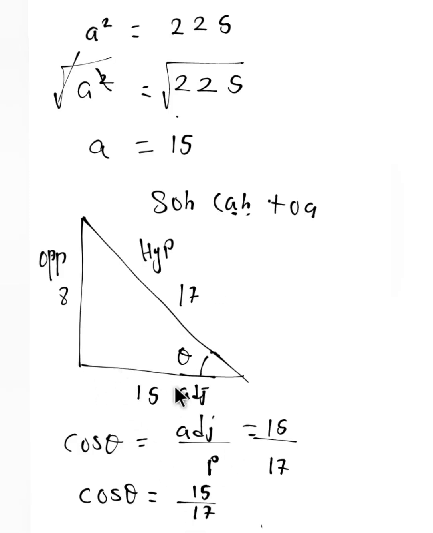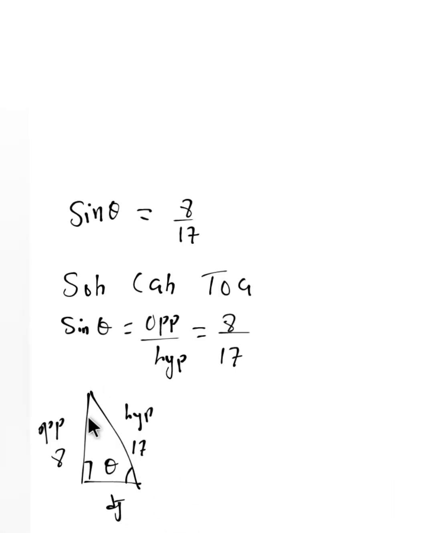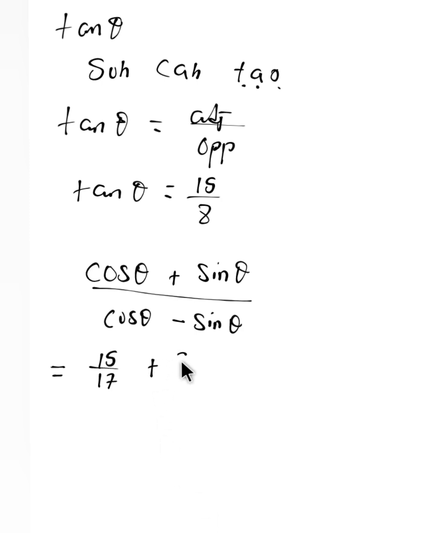Sine theta from the question is 8 over 17. So it is 15 over 17 plus 8 over 17, all over cos theta, 15 over 17, minus sine theta, 8 over 17.